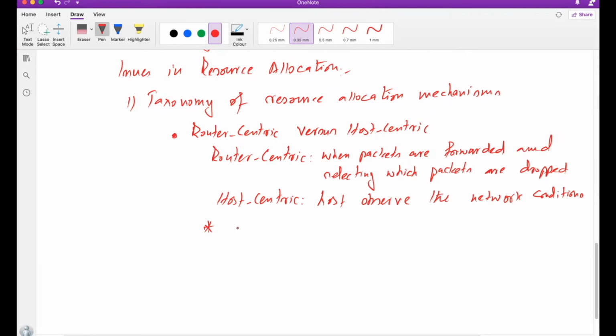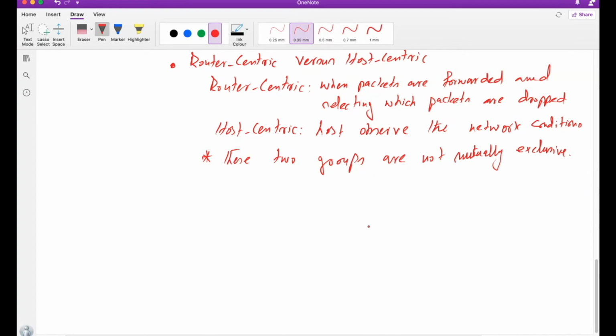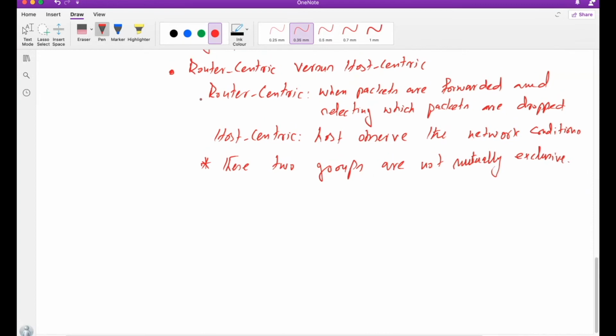They are pretty much related to each other. It's very important to remember this.